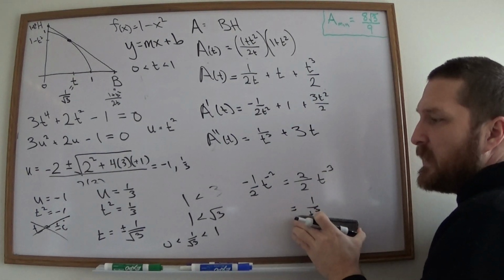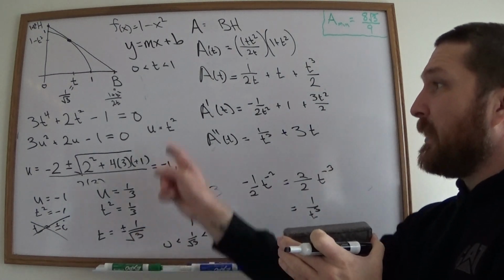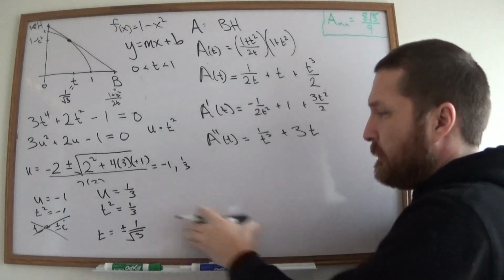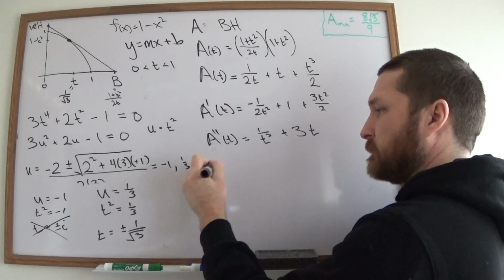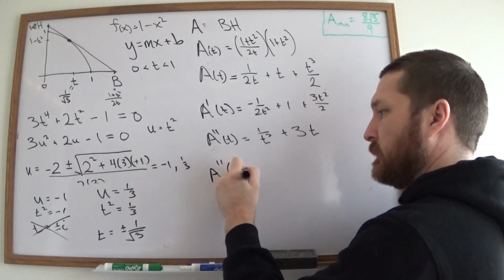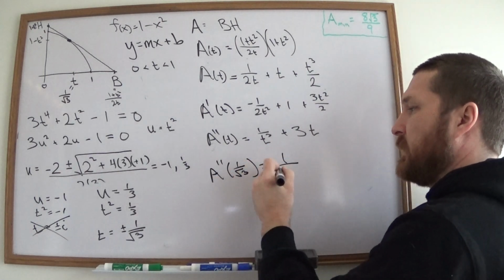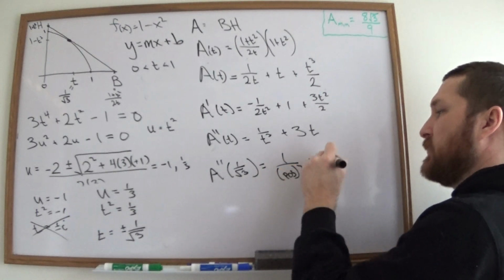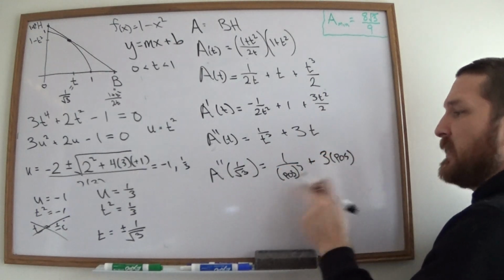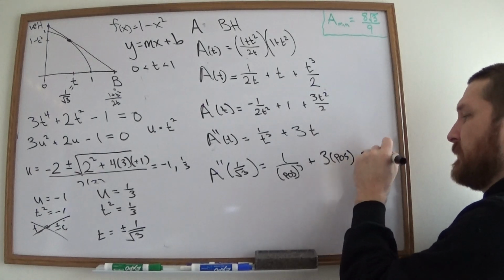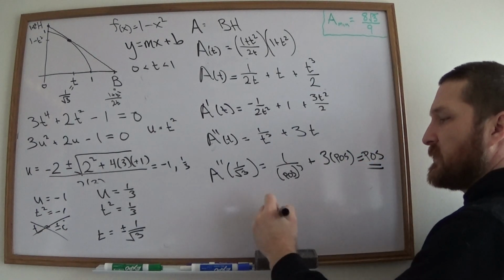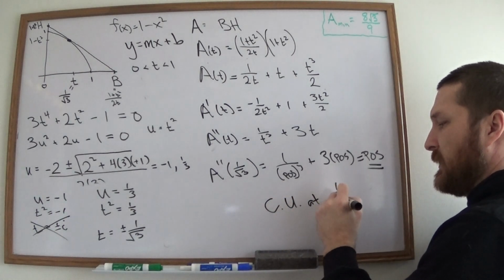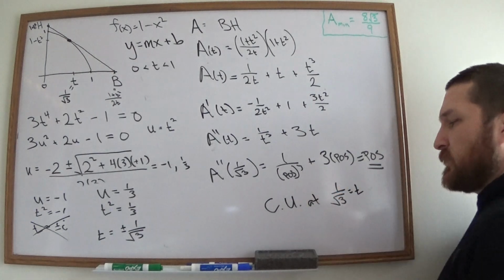Now all we have to do is plug in the positive 1/√3 and make sure we get a positive number, which indeed it is. You took a positive number and cubed it, then took a positive number and multiplied it, and you're adding them together, so that's positive. That means it's concave up at t equals 1/√3.